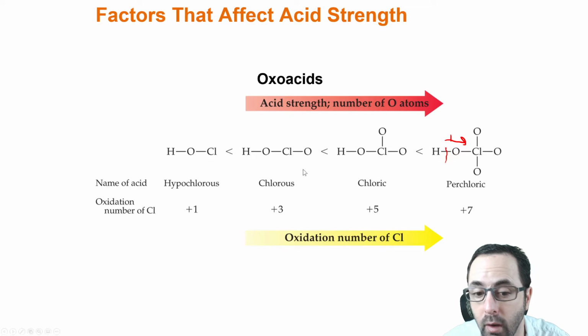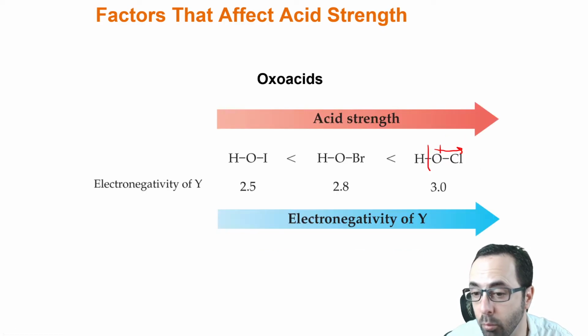It's stronger than chloric acid, which is stronger than chlorous acid, which is stronger than hypochlorous acid. And notice that perbromic acid is not considered a strong acid. It's the same reason as back here: the bromine is less electronegative.